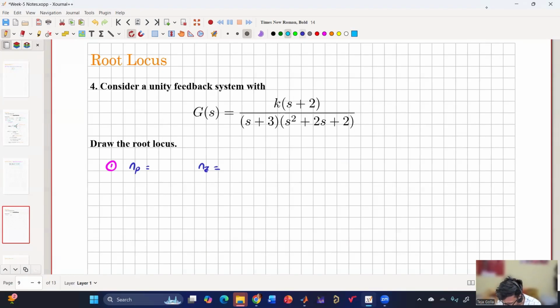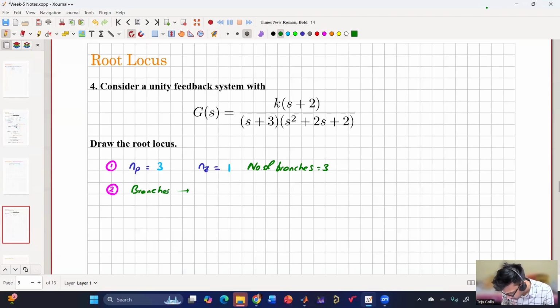How many zeros? One zero, sir. Very good. So how many of these branches will tend to infinity? Number of branches are 3. The number of branches tending to infinity is NP minus NZ, which is 2.